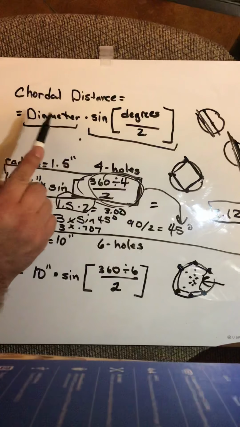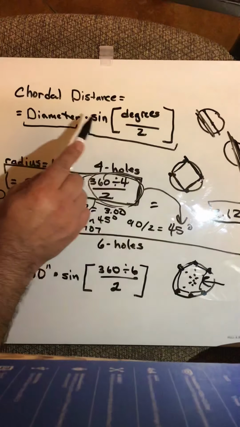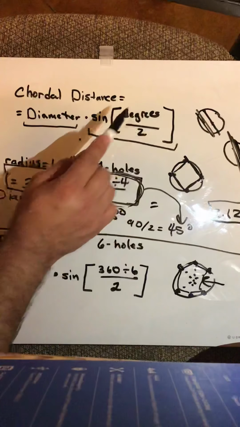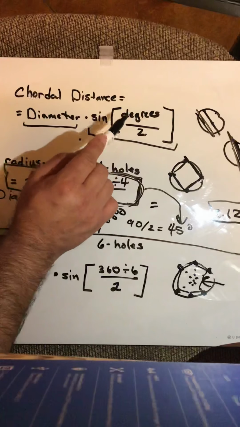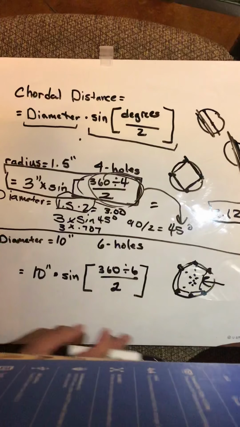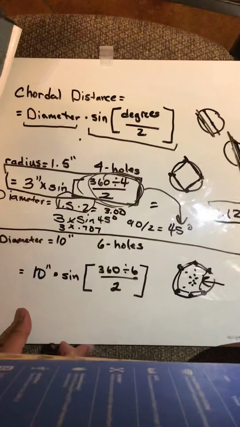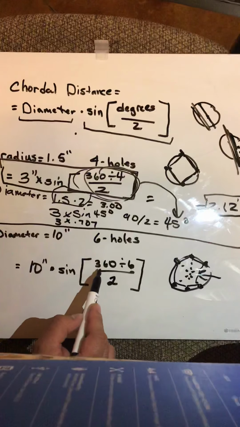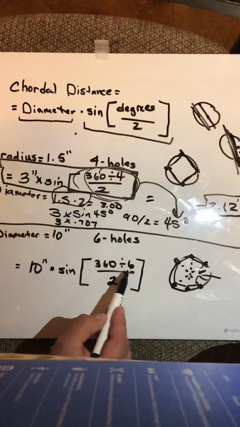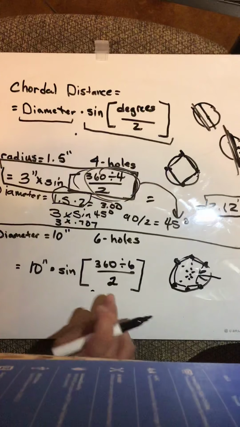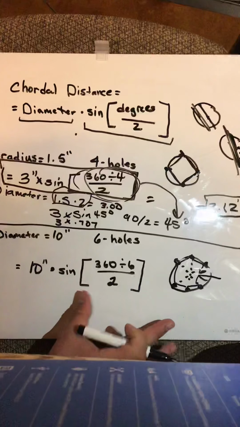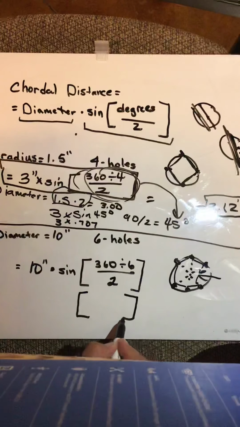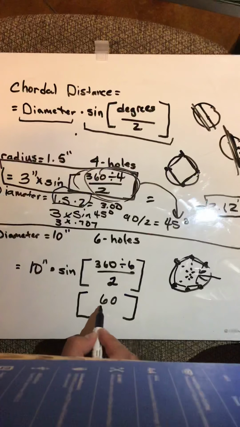It's going to be the diameter times the sine of the number of degrees divided by 2. Remember, the degrees means 360 divided by the number of holes. So I'm going to work this one out first. It's going to be 360 divided by 6, which gives me 60.